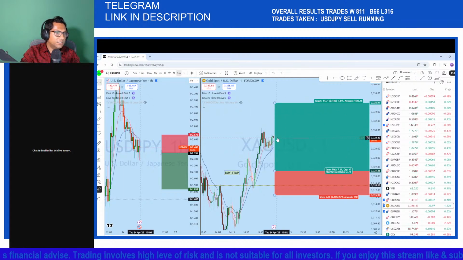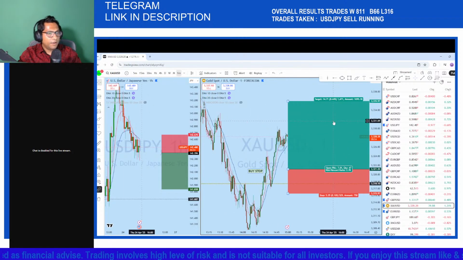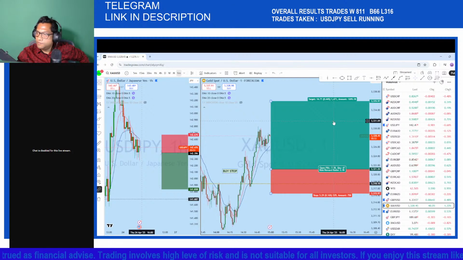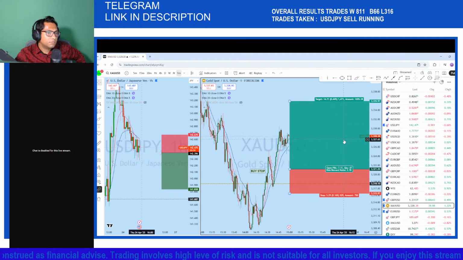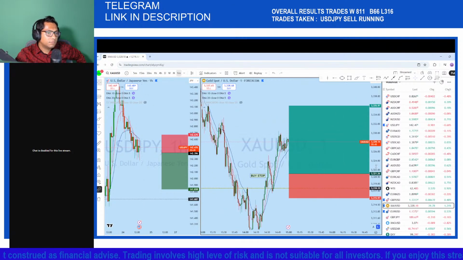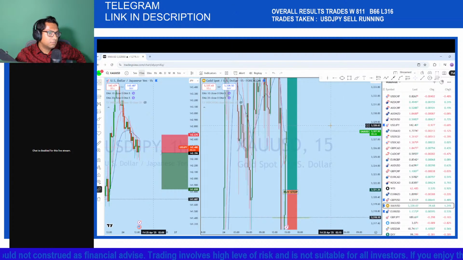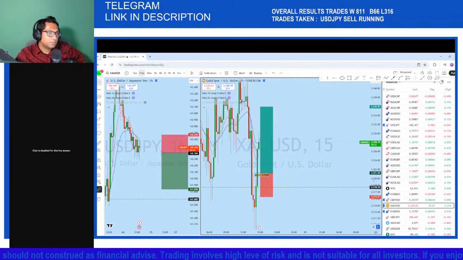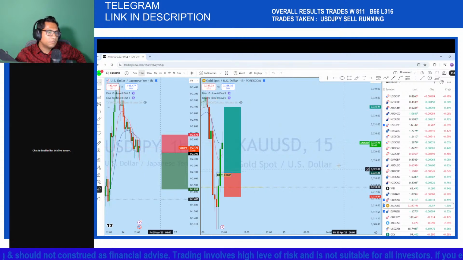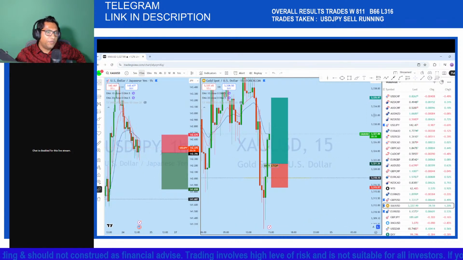As you can see, there is a doji here again, and now the 15 minutes closing.